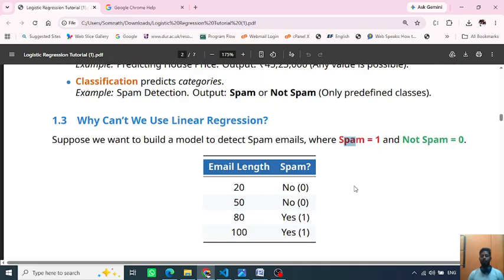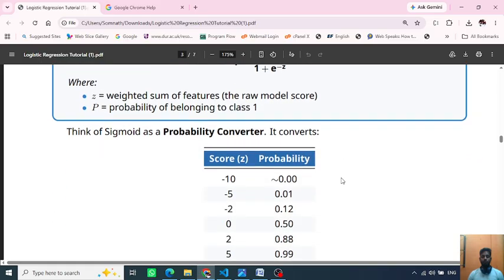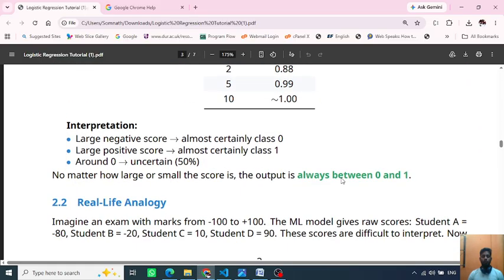So if the value is around 0, we cannot guarantee whether this email belongs to spam or not spam.